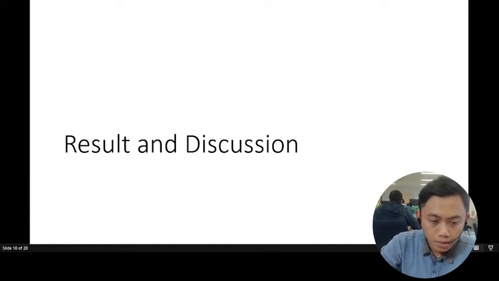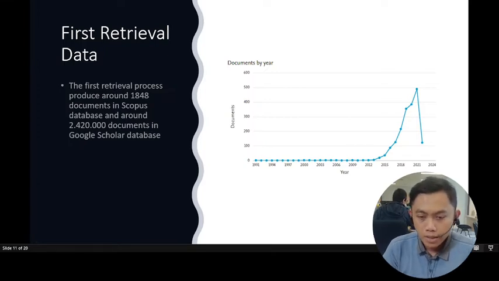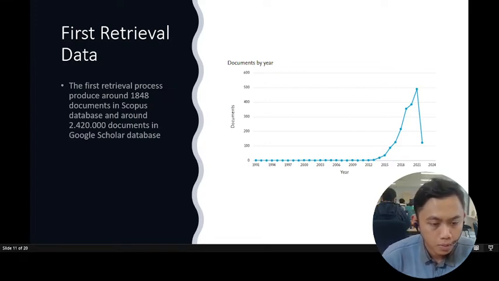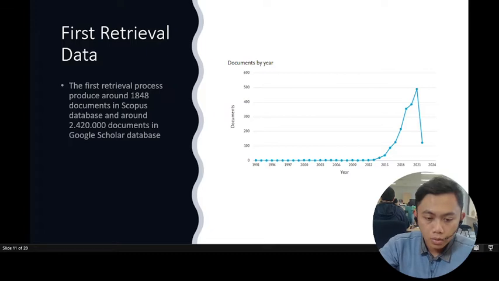So these are the results and discussions. First, the retrieved data. In the first experiment, we obtained more than 100 documents in the Scopus database and around 2 million documents in the Google Scholar database. That is a huge number of documents, so it is impossible to review them one by one.